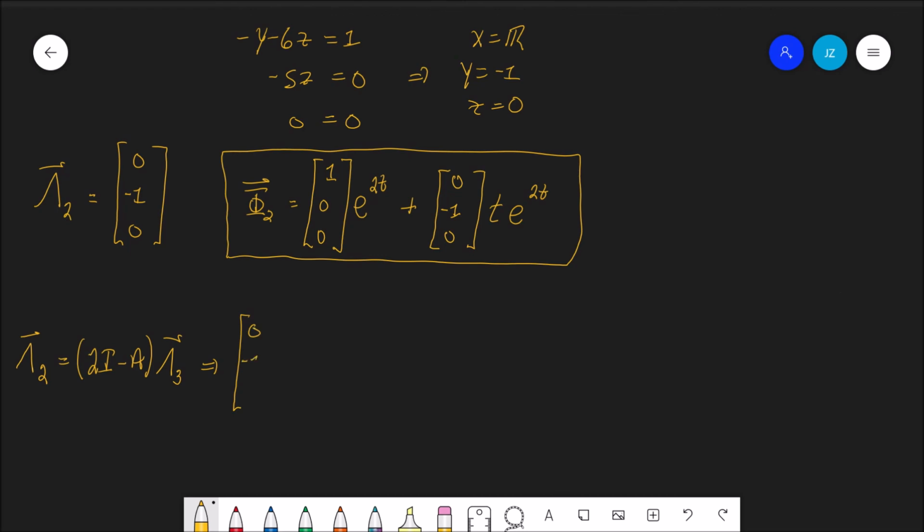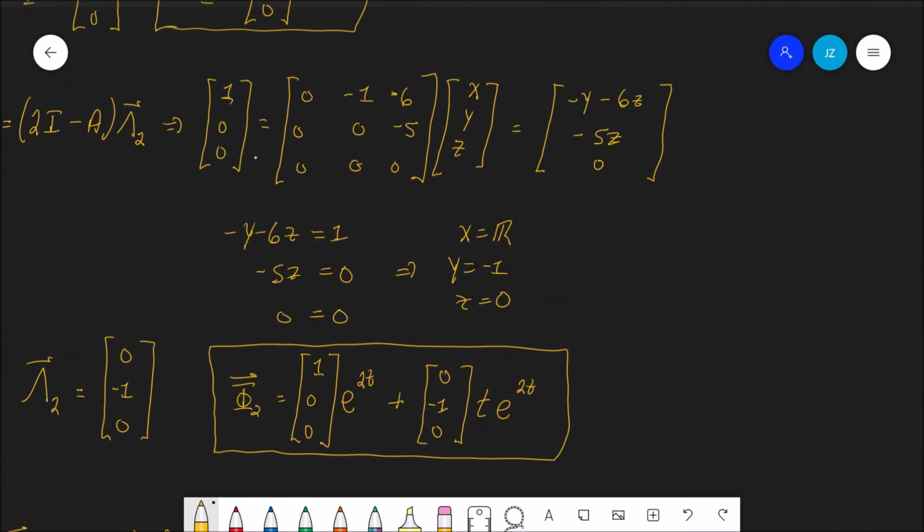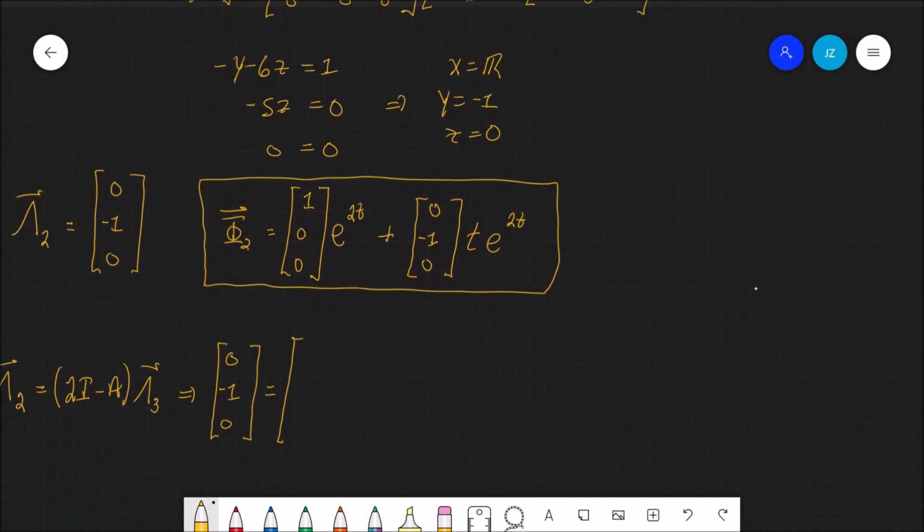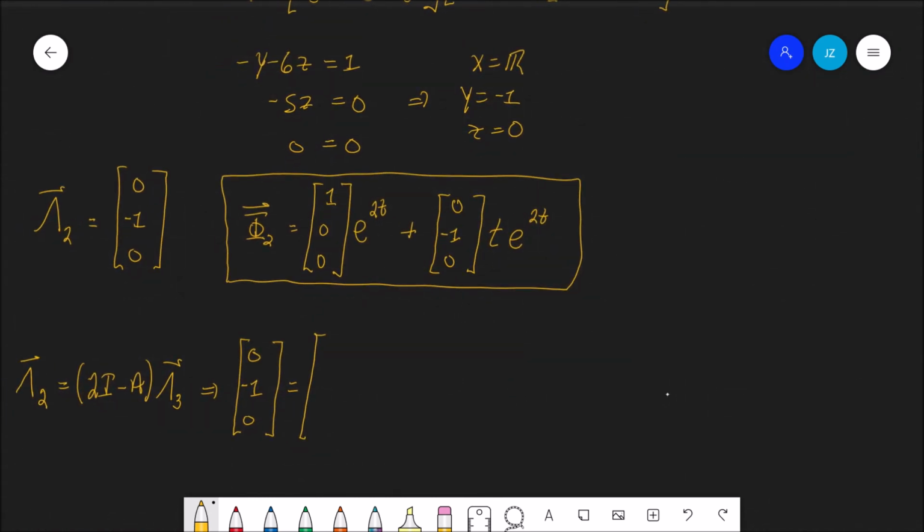So we'll get (0, minus 1, 0) is equal to this product up here. I'm not going to reinvent the wheel, so I'm just going to write this vector. Negative y minus 6z, negative 5z, and 0.